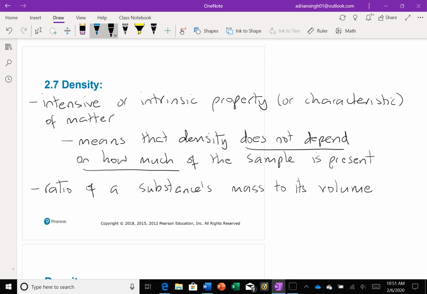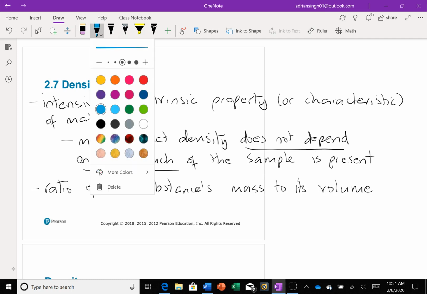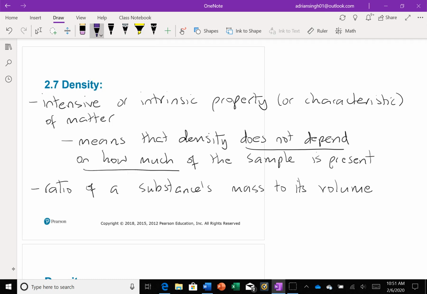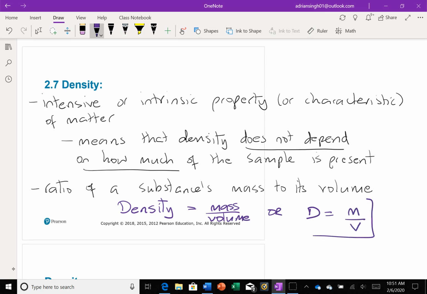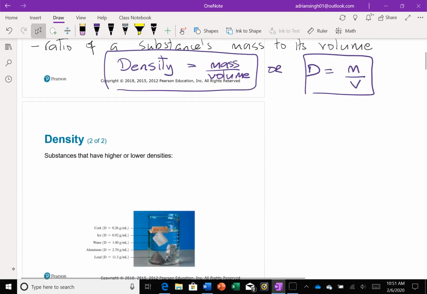So we can write that equation, or the relationship between those two properties, as density is equal to mass over volume, or more simply, D is equal to M over V. Right? So it's a ratio of the mass of a substance to the volume that it occupies.